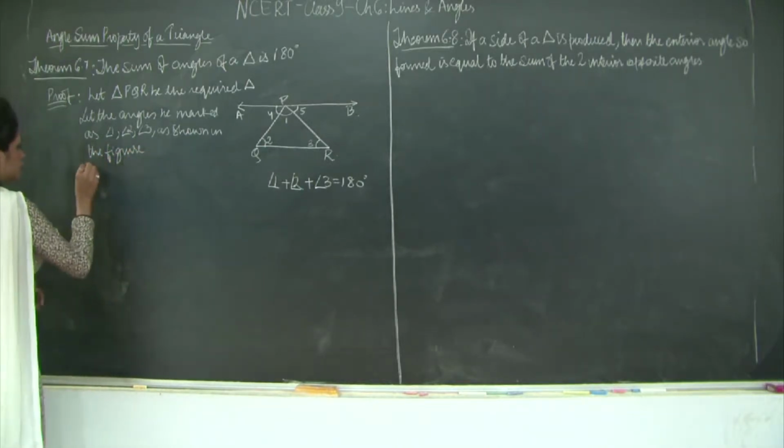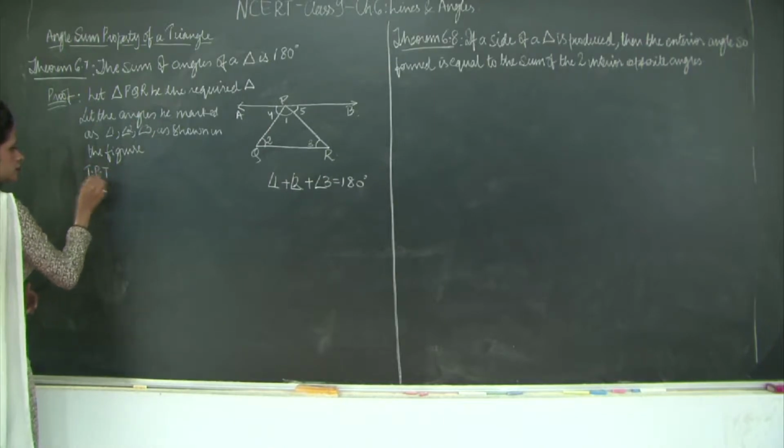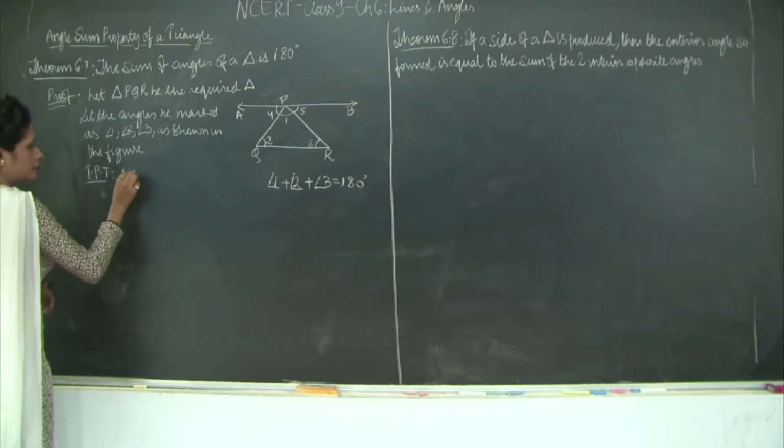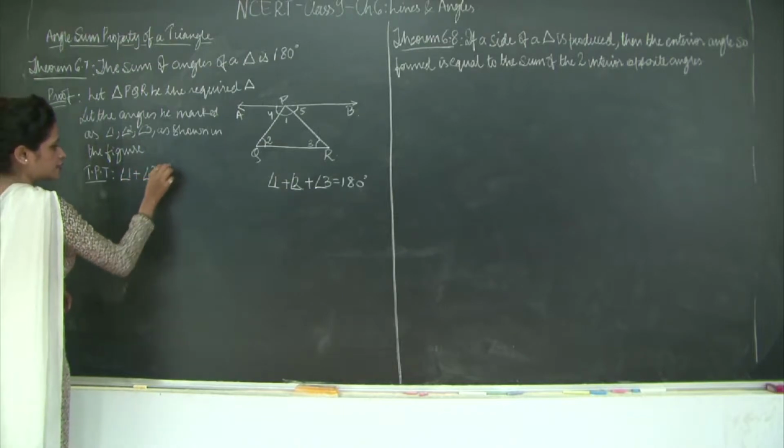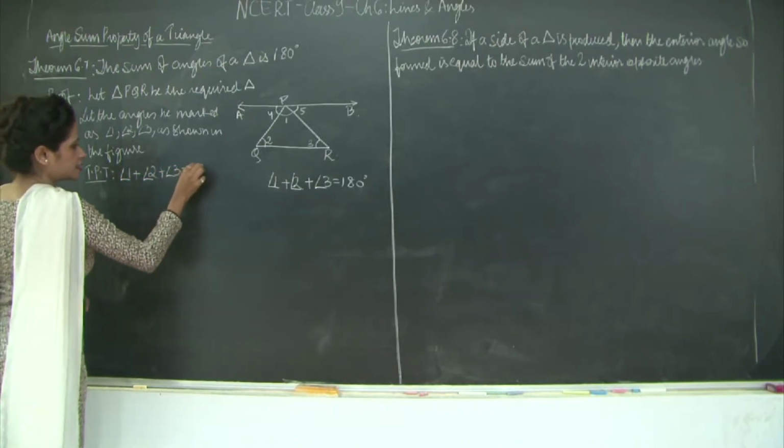Correct? Now we need to prove that angle 1 plus angle 2 plus angle 3 is equal to 180 degrees.